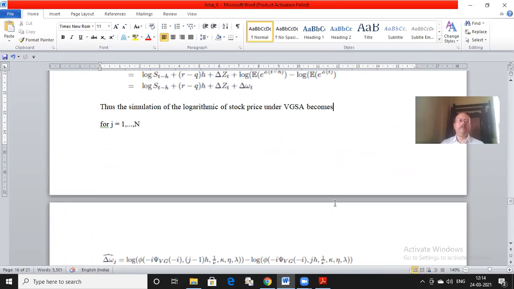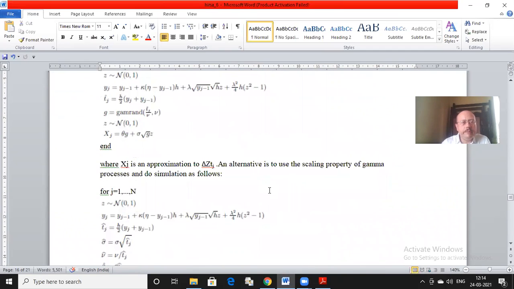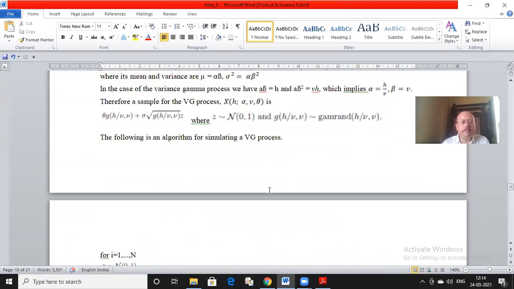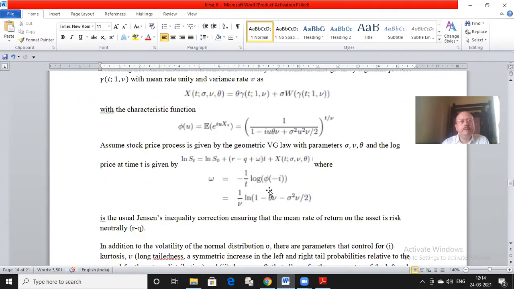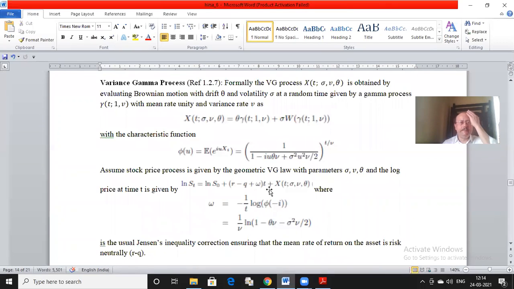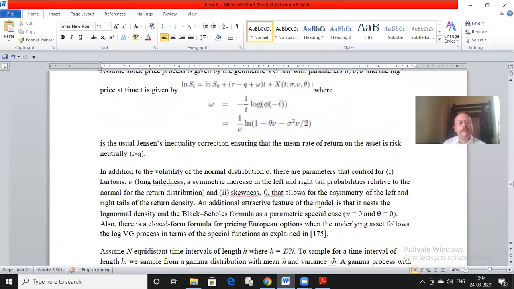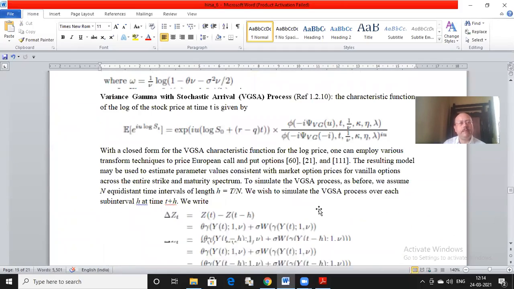Okay, so again, the variance gamma and variance gamma with stochastic arrivals are slightly complicated processes, but once you understand that the basic generating process is a gamma random variable, then moving from variance gamma to variance gamma with stochastic arrival is not so hard conceptually.